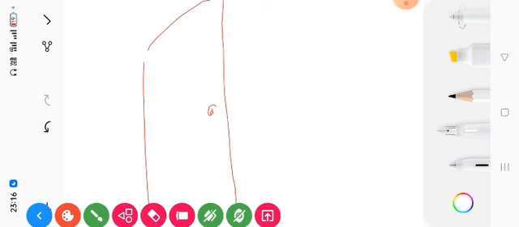Don't do it with a pencil, you will make a mess of your wall. So just move your hand and make a circle. There is a certain distance you have covered. Okay, you are covering this much distance.